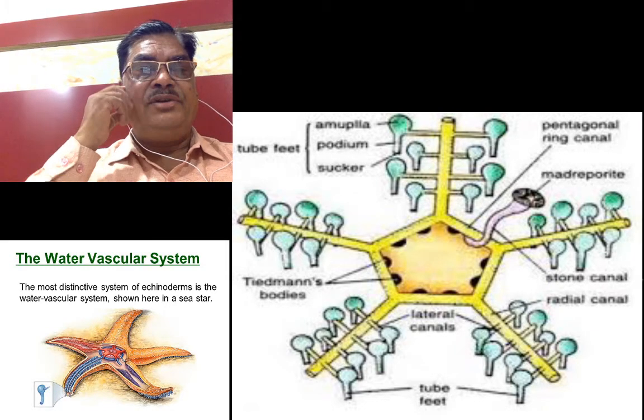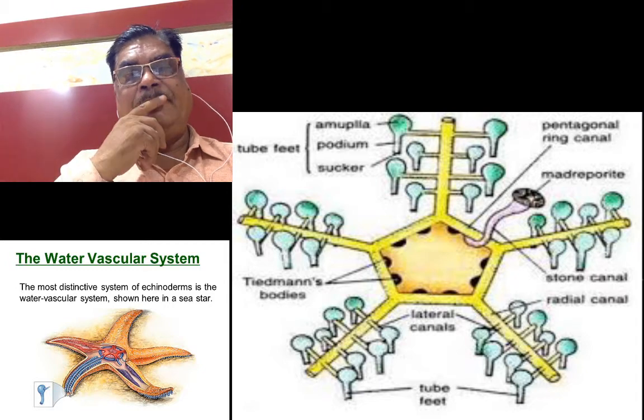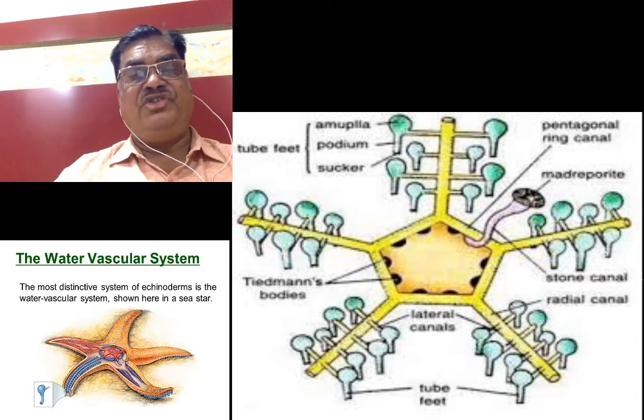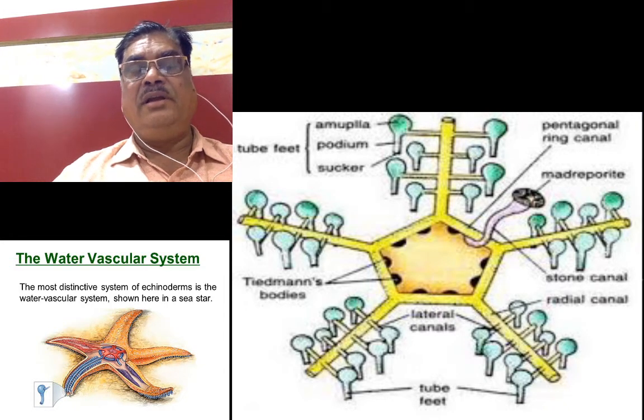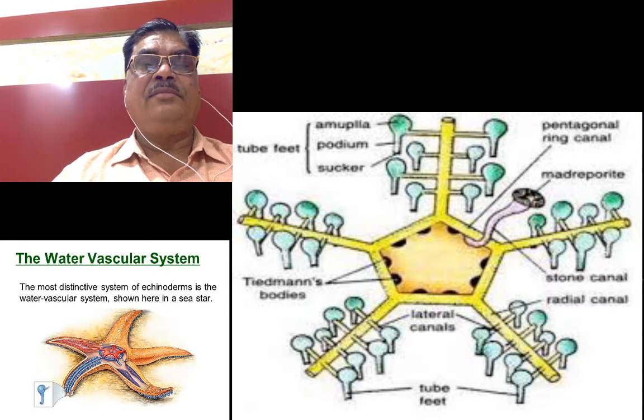Friends, we know that the starfish, this organism, comes under phylum Echinodermata. And we know that in invertebrates there are 9 phyla, and each and every phylum has some speciality.